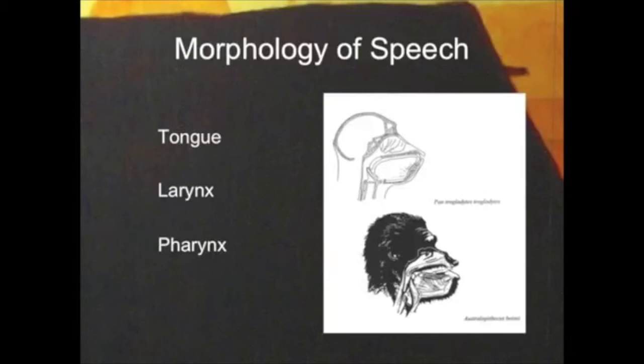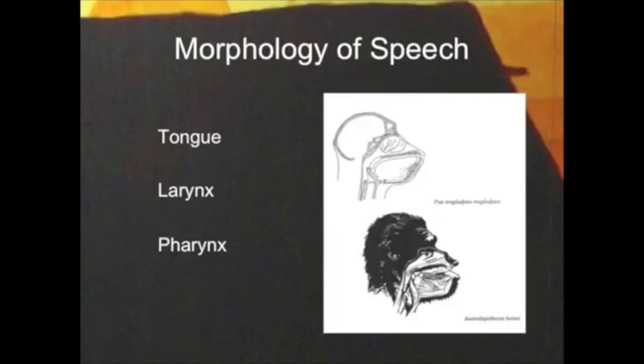Recent craniometric studies comparing Pliocene hominids, and I have a pretty good example of a robust Pliocene hominid, in this case Australopithecus boisei, and extant chimpanzees, and I'm giving you the common chimp, Pan troglodytes, have given us some pretty deep understandings with regards to the range of sound that extinct primate forms, such as Australopithecus boisei, could make.